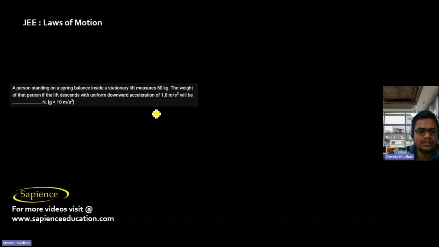So here it is told that a person standing on a spring balance inside a stationary lift measures 60 kg. What will be the weight of that person if the lift descends with a uniform downward acceleration of 1.8 meter per second square?